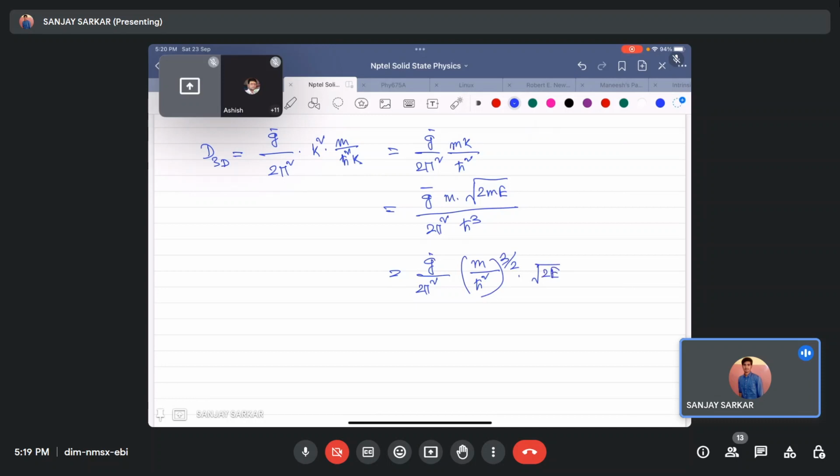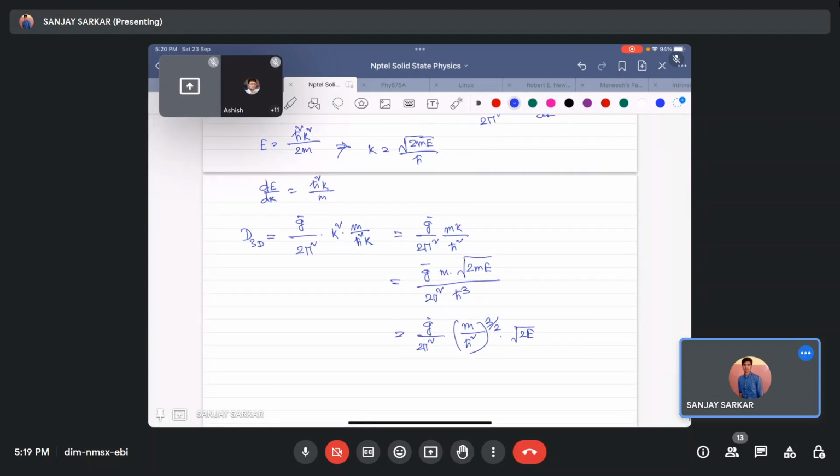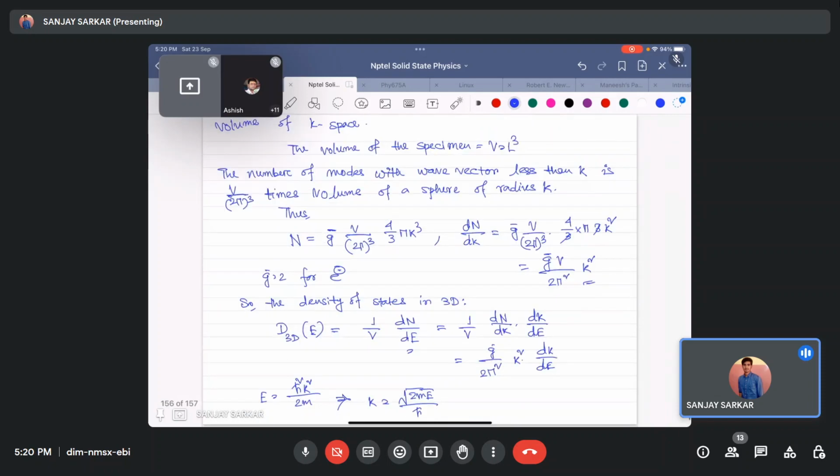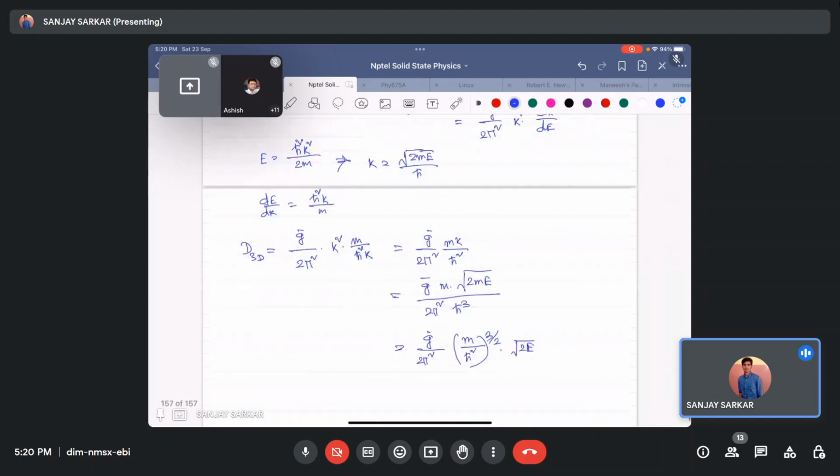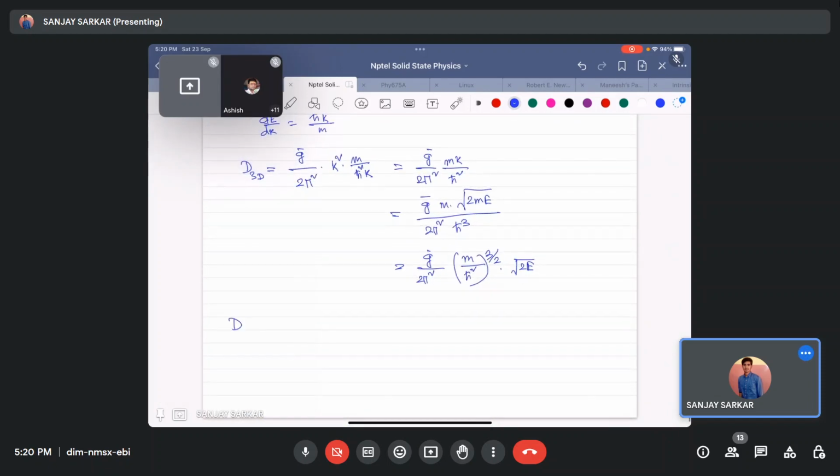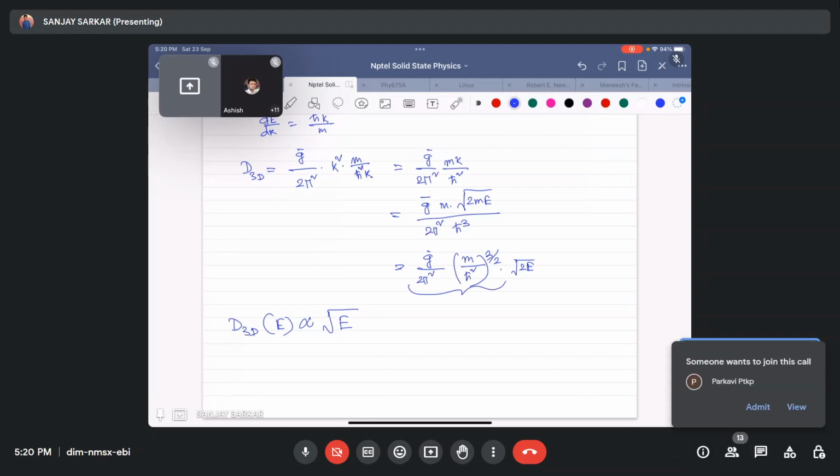So you can see that for a 3D system with parabolic dispersion, the density of states D3D(E) is proportional to root over of E, E to the power half, and all of these are constants because m, ħ², ḡ, everything is constant. So for a 3D system we see that the density of states is proportional to E to the power half.